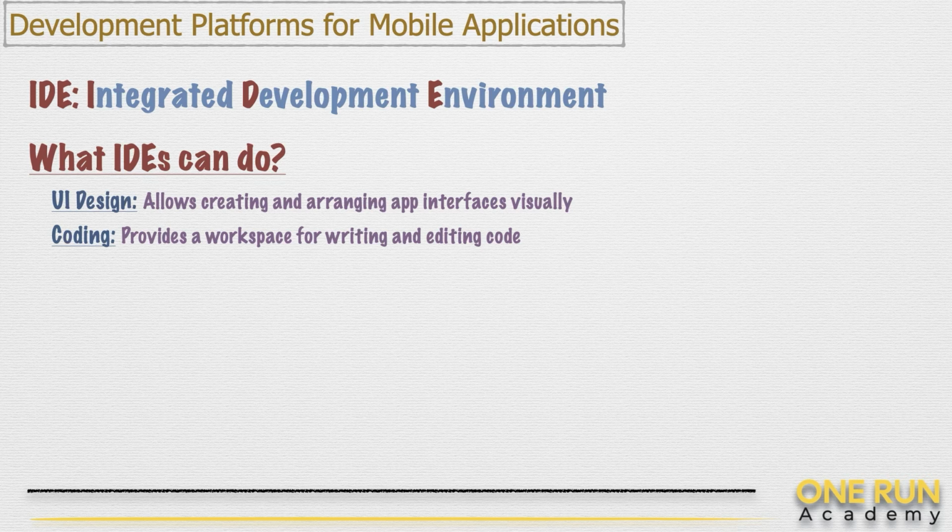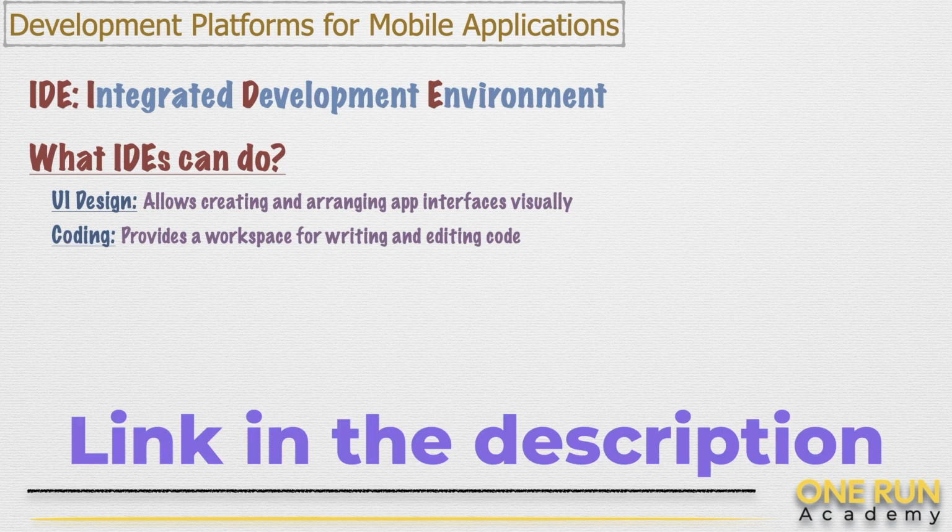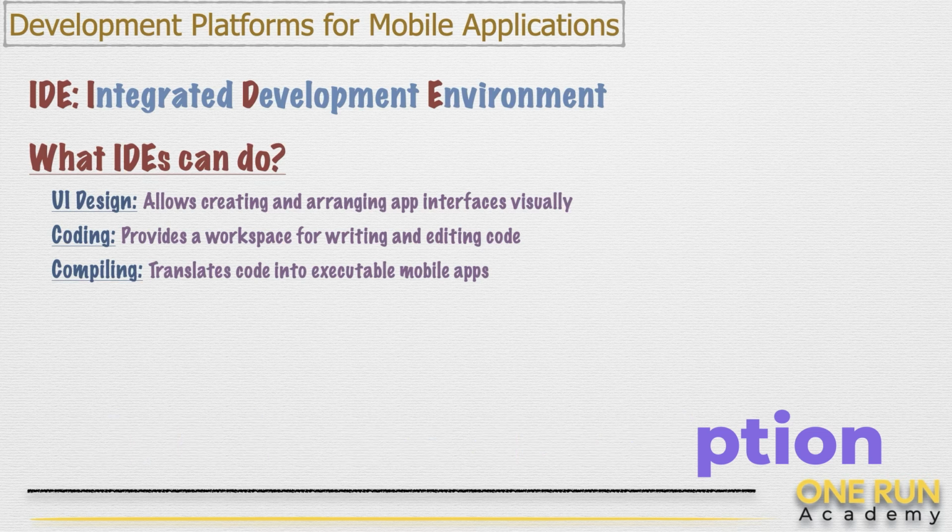They provide a workspace for writing and editing the code. This is where developers and testers spend a lot of time, building the logic that makes the app function. Also, after coding, IDEs translate the implementation code into executable mobile apps. This step turns the code into something the mobile device can understand and run.